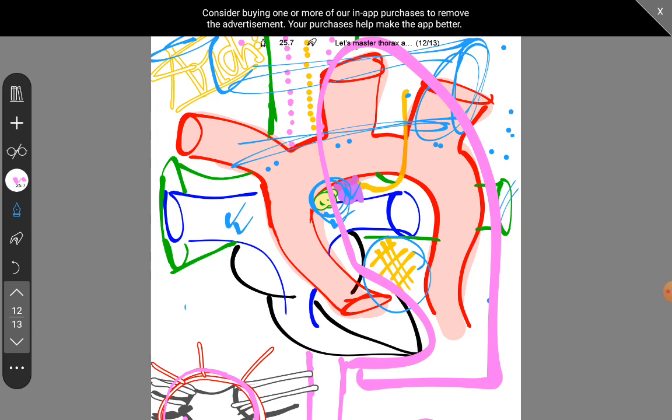So the first thing on the left anterior aspect is the lung with its mediastinal aspect. The mediastinal surface has the cardiac impression, the esophageal impression, the arch of the aorta impression, the descending thoracic aorta.